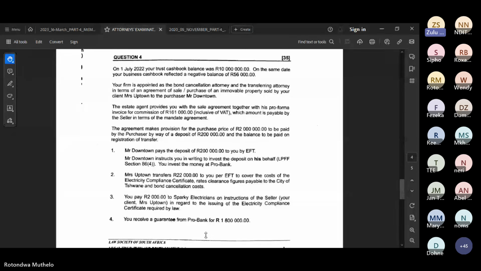But in instances like this, since there's some kind of investment, you'll assume that this will be an investment in terms of section 86.3, not 86.4, because there was no instruction from a client to invest this money on his or her behalf.